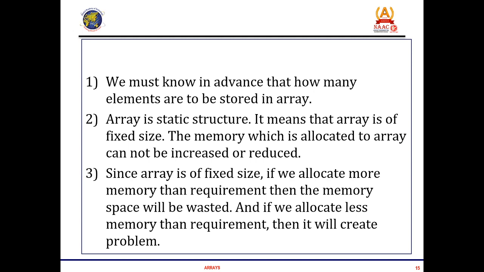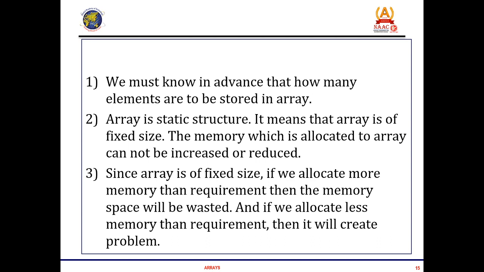So in case of int a of 10, it is going to be 10. The second disadvantage is array is a static structure, means array is of fixed size. The memory which is allocated to array cannot be increased or decreased, right? Now in case of int a of 10, the array is of fixed size and that is 10.